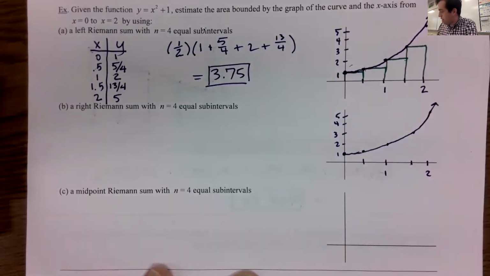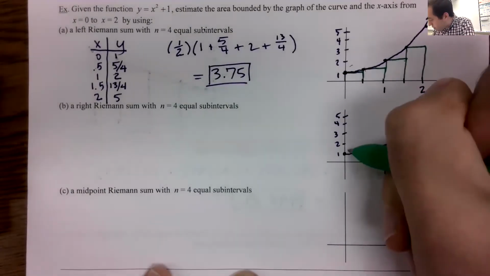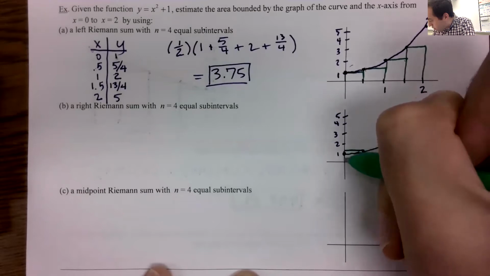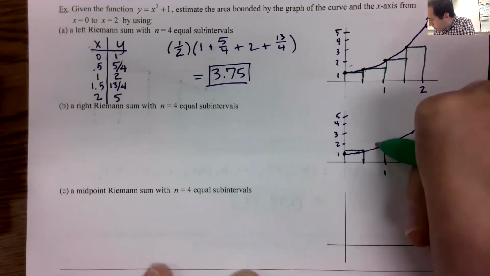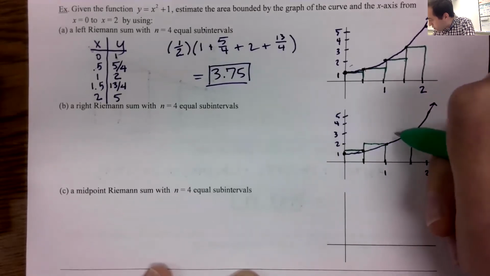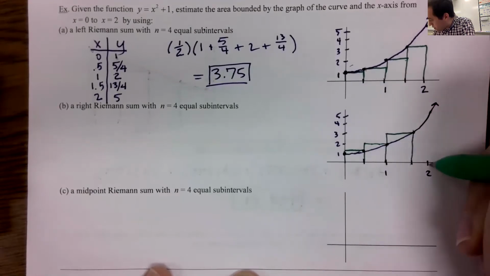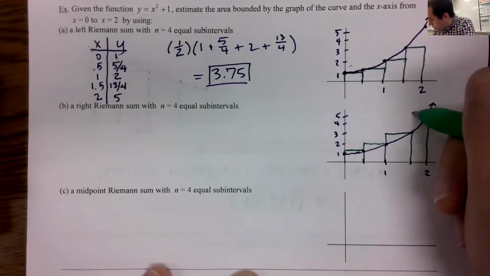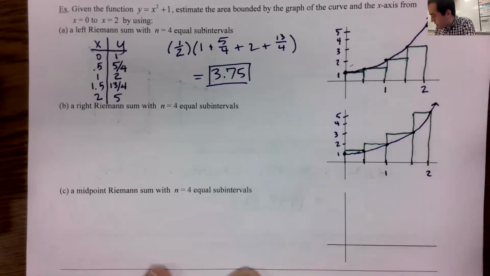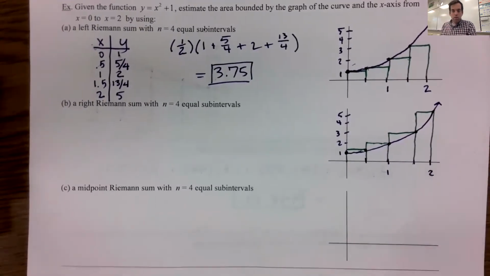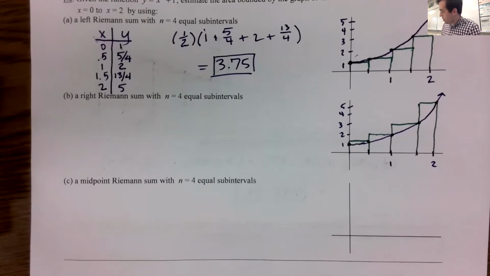Okay, and now we're going to be doing a right Riemann sum. So it has to go to the right endpoint of each box or each rectangle. Ooh, I definitely screwed up that width because those look different widths, but those should be all the same width.